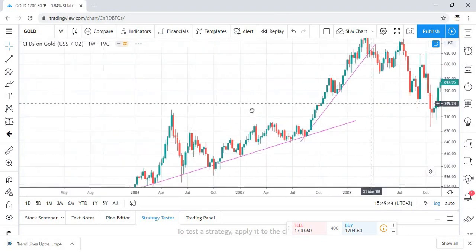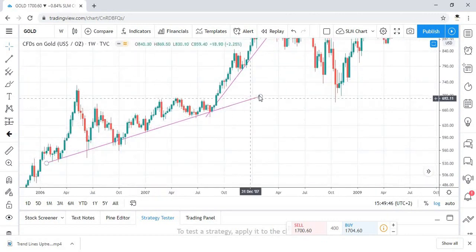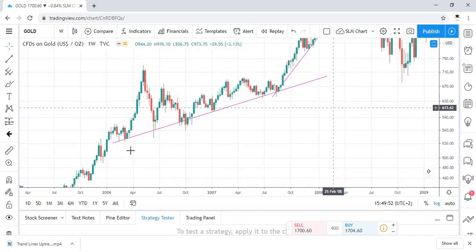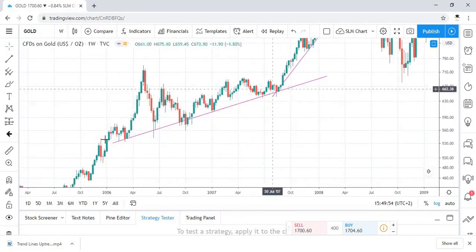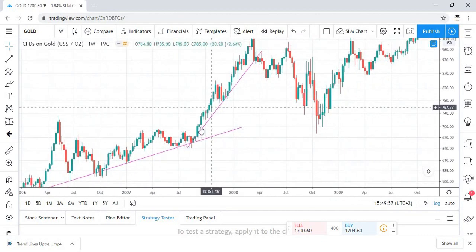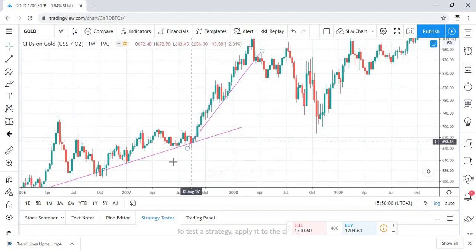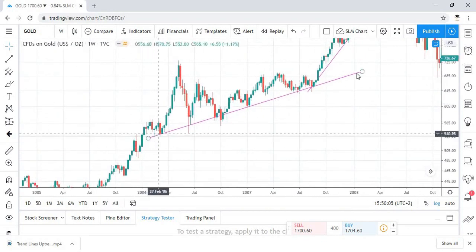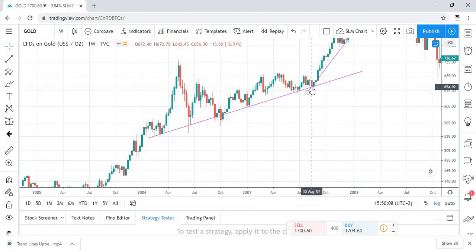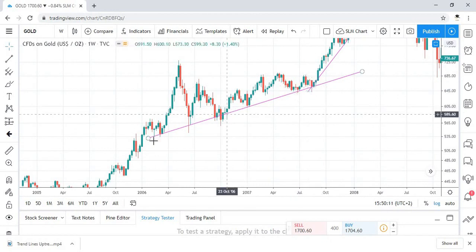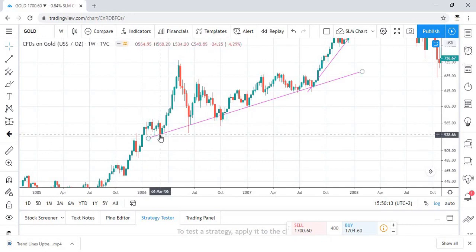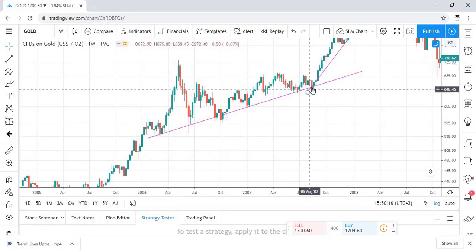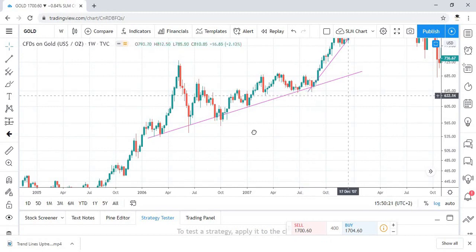Then I can see that this line didn't show higher momentum compared to this one. Because if you look at this line here, the slope of it is not as steep as this one. So if you look here, the price moved from this point, which is 540, up to that point, which is 654. And you can see that it moved from March 2006 up to August 2007, which is quite a bit of time.